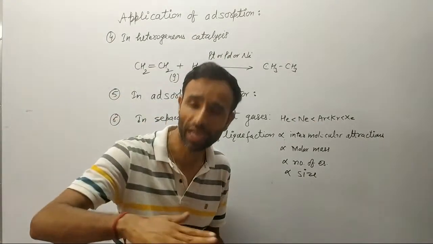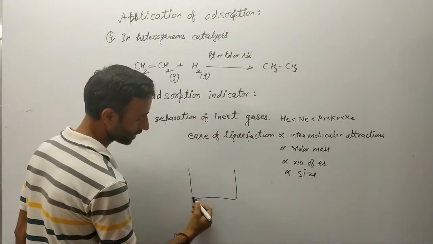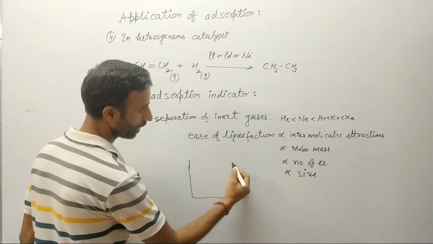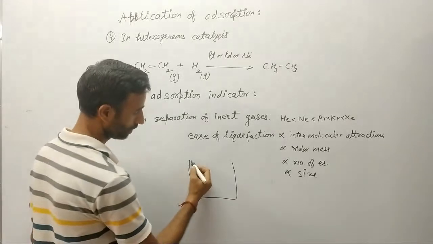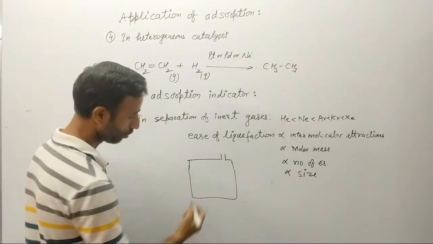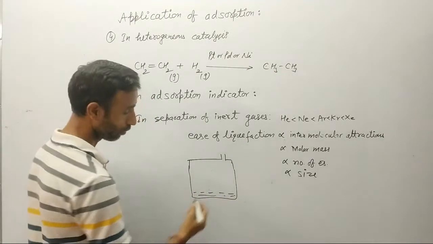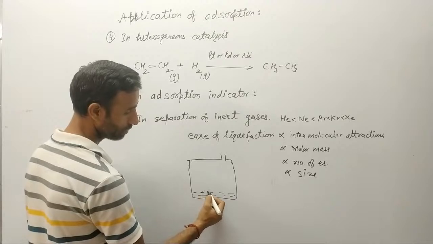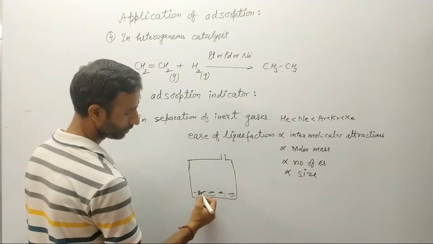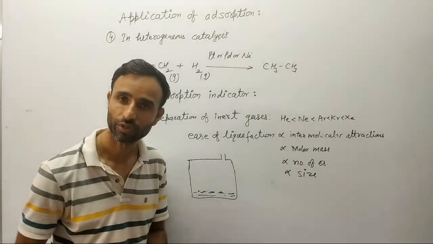That's why if high pressure is applied, let us say this is the container containing all the inert gases. Now we apply high pressure, and there is an adsorbent. Now all the gases get adsorbed. Now we release the pressure.